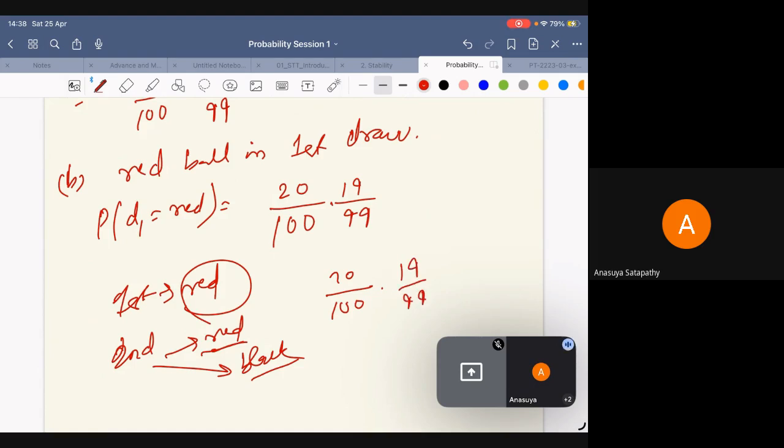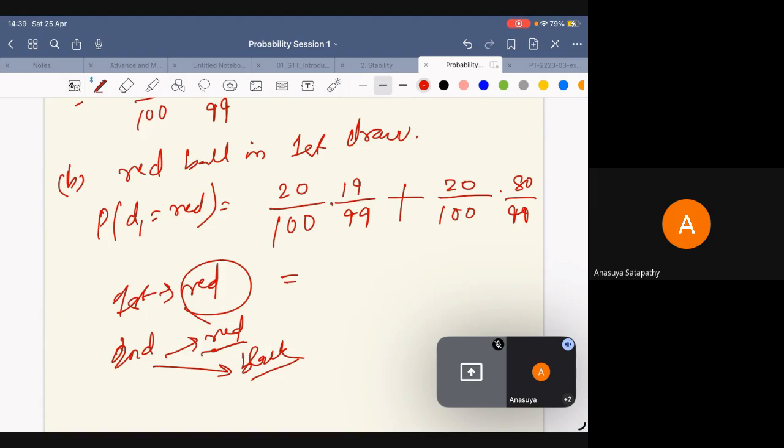You will say, what will happen if I take the black ball out? Yes, this can also be a condition, so there will be an or. My first draw is red, 20 by 100, or then the second one is black. Now I have 80 black balls out of 99 balls.